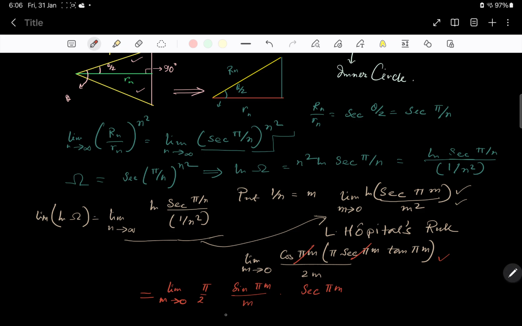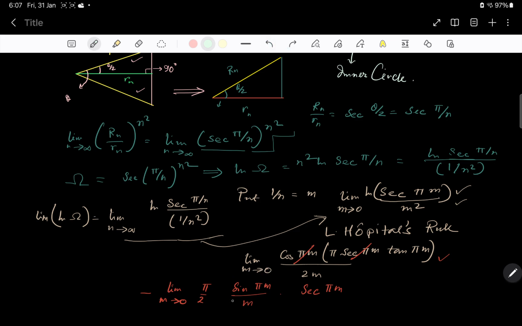Now this part is quite similar to a very well-known limit, the limit of sine x over x as x goes to 0, and this limit becomes 1. The only difference is there is a lack of pi. So we have to bring a pi over here forcefully.